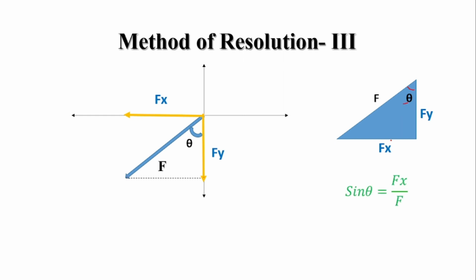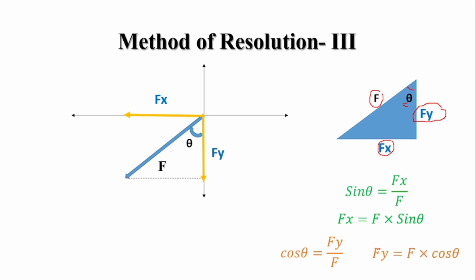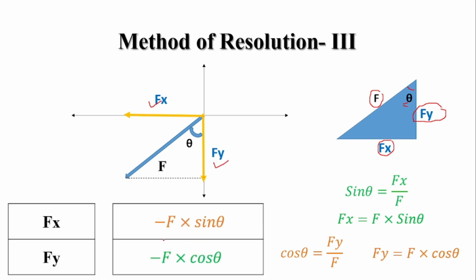For this theta, this is the opposite side, this is the hypotenuse, so it is fx divided by f. So fx is equal to f sine theta. For this angle, this is the adjacent side and this is the hypotenuse, so cos theta is equal to fy divided by f. So fy is equal to f cos theta. Now see, the horizontal component is towards the left, so it is negative. The fy component is downward, so it is negative. So we'll put minus signs at their respective places.